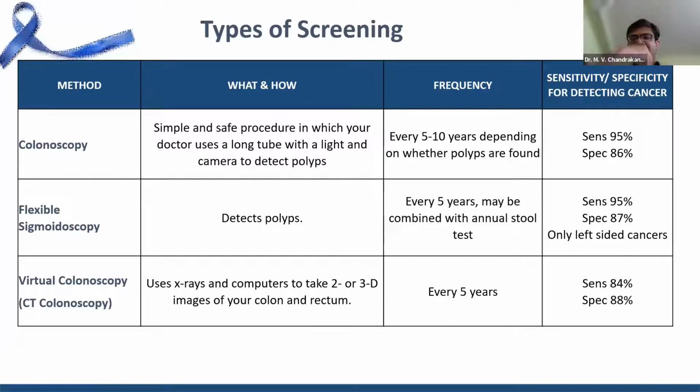For gastritis or gastric problem, we do an endoscopy also called upper GI endoscopy. For bleeding from rectum or lower GI problem, we do what is called colonoscopy. It's a simple OPD procedure where we are asked to eat a lot of purgatives or laxatives.